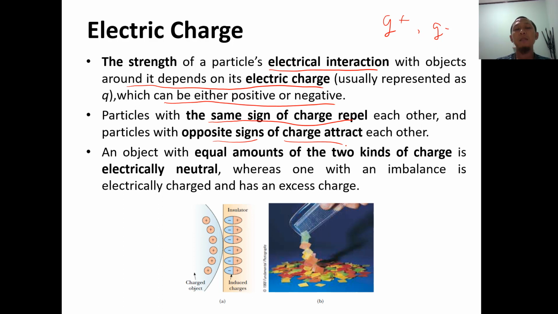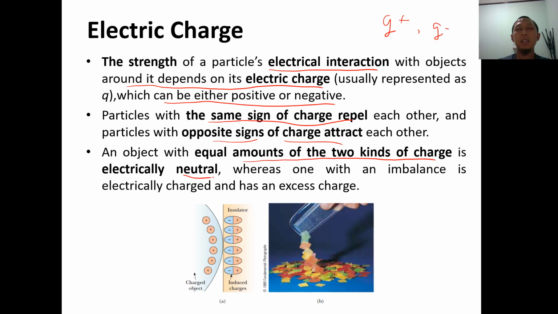And if we have an object with equal amounts of the two kinds of charge, we call it neutral. It's like we have some material, and if we put it with another similar material, there is no electric force.